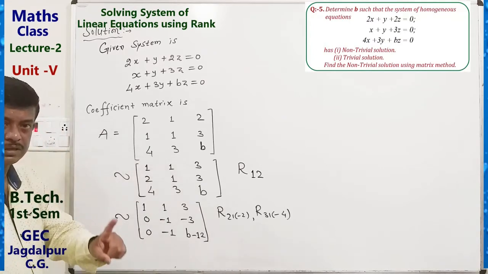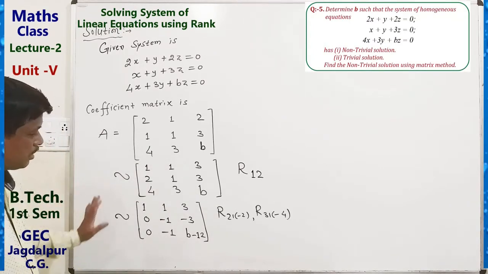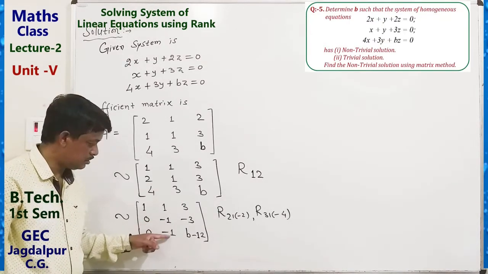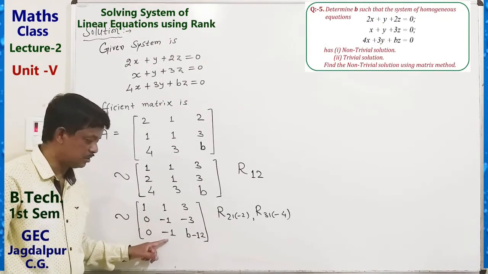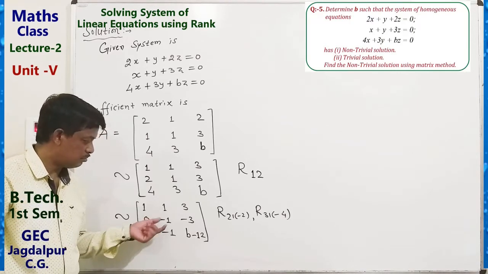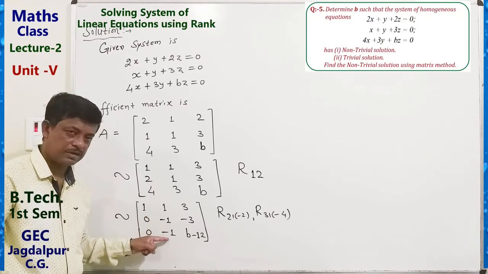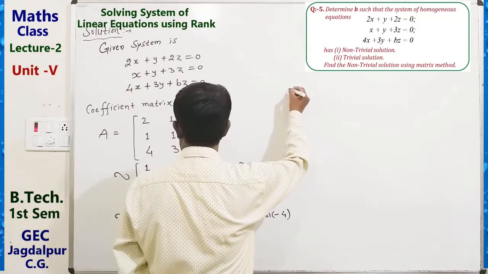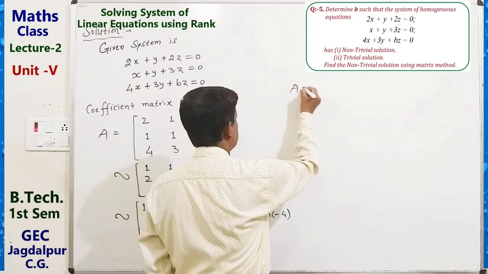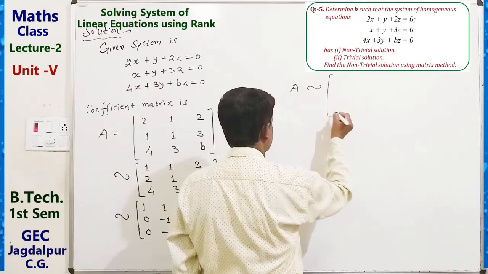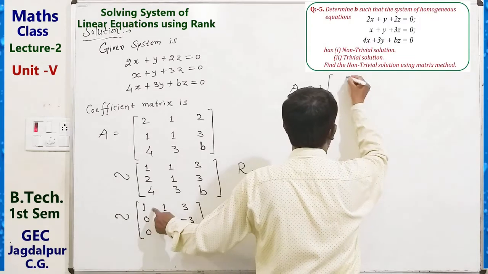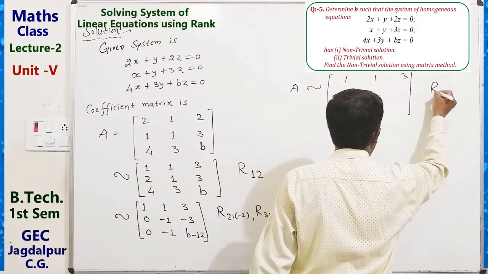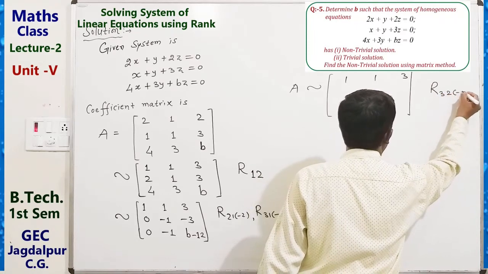Now once again we apply an operation for converting this to 0, that is this is subtracted from this. This is minus 1. Multiply here minus 1 and add it here. So A is equivalent to, one more operation, R3 plus R2 times minus 1.